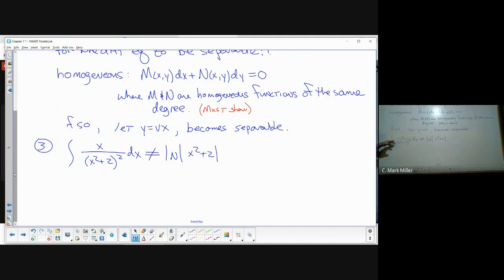The integral of something like that does not equal the log. For one thing, the top isn't the derivative of the bottom. But everything was integrating to logs on papers, and I didn't keep track of whose paper I was looking at. Right.